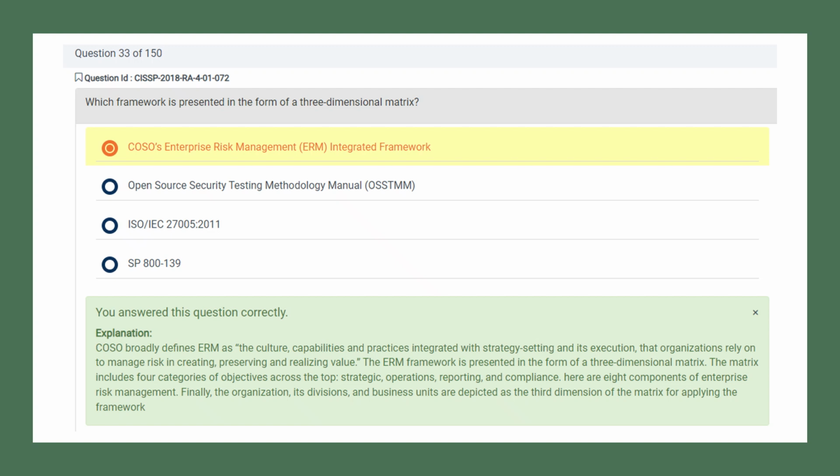The ERM framework is presented in the form of a three-dimensional matrix. The matrix includes four categories of objectives across the top: strategic, operations, reporting, and compliance. There are 8 components of enterprise risk management. Finally, the organization, its divisions and business units are depicted as the third dimension of the matrix for applying the framework.